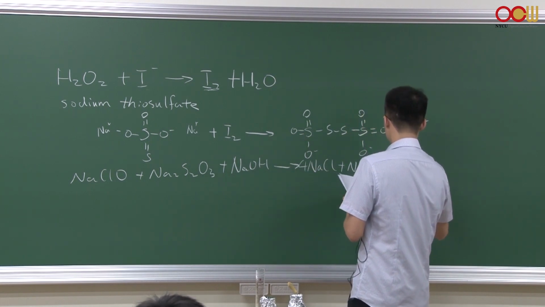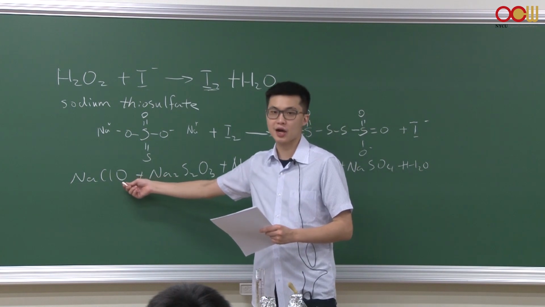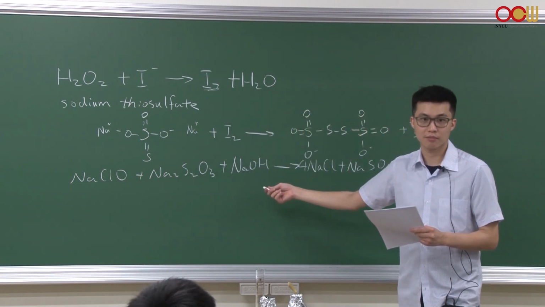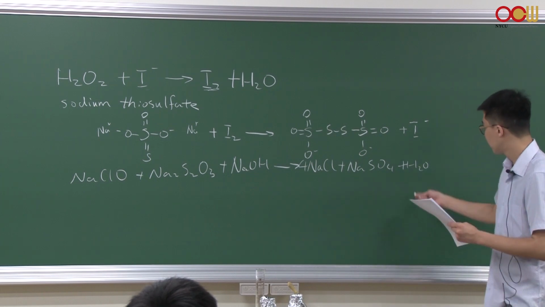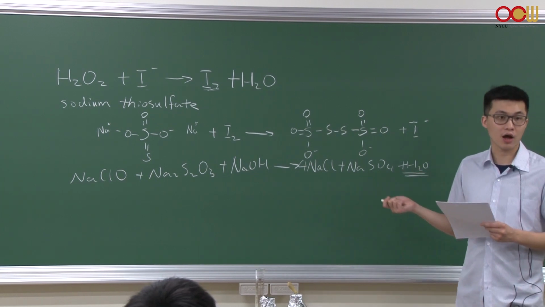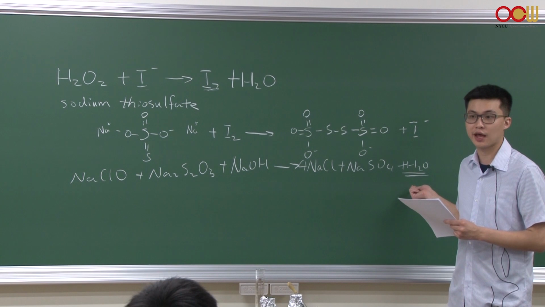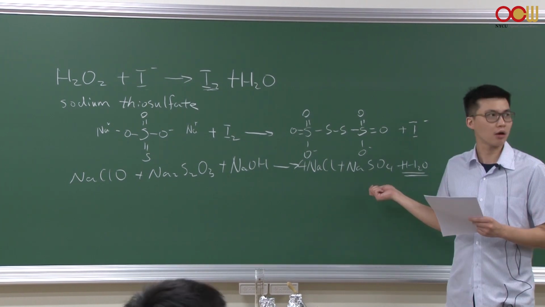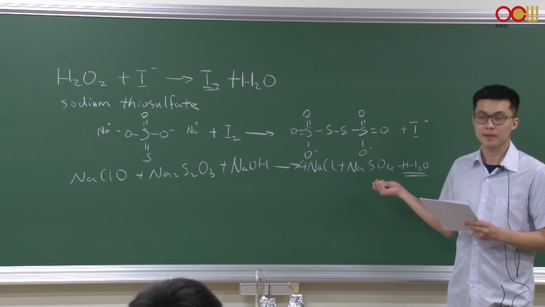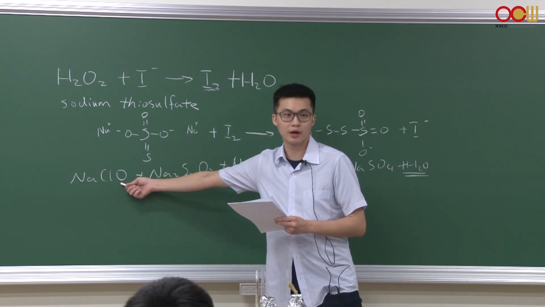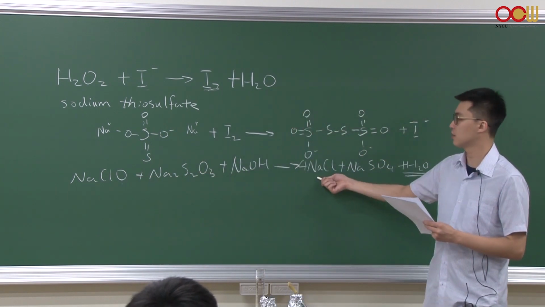Of course, this is a redox reaction. You see that there are some chemical species whose oxidation state changes. And it generates water. I'll come back to this at the end of this lecture because we'll be talking about how to balance a redox reaction involving metal, okay? This chemical can convert your hypochlorites into non-toxic salt.